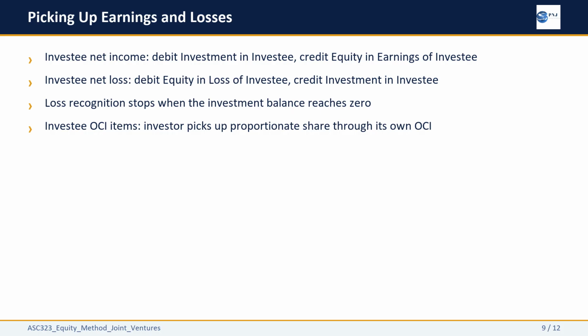Once your investment balance reaches zero, you stop recognizing further losses unless you have guaranteed the investee obligations or committed to provide additional financial support. One more thing that is easy to overlook. If the investee has items of other comprehensive income, you pick up your proportionate share of those too, running them through your own other comprehensive income.